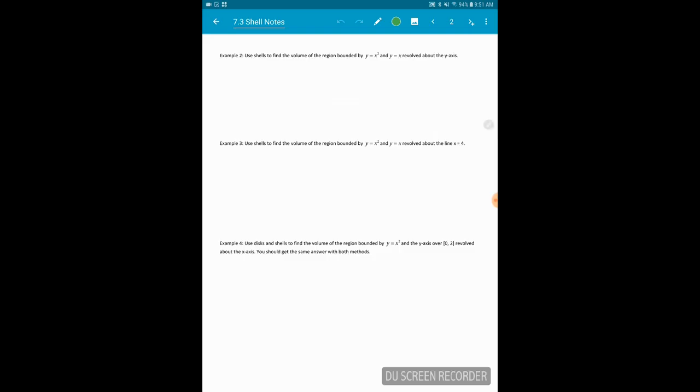Use shells to find the volume of the region bounded by y equals x squared and y equals x.